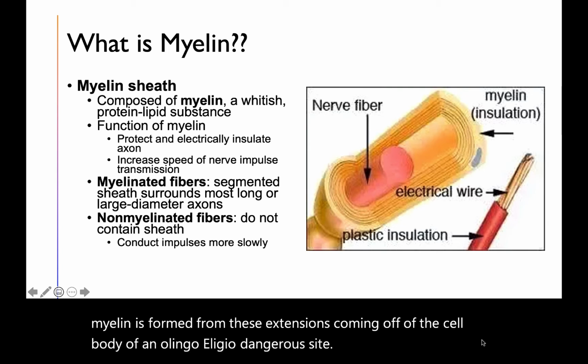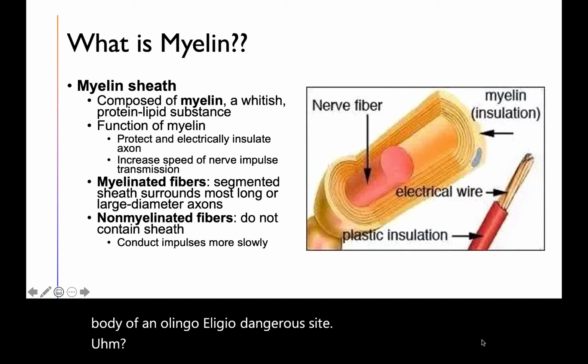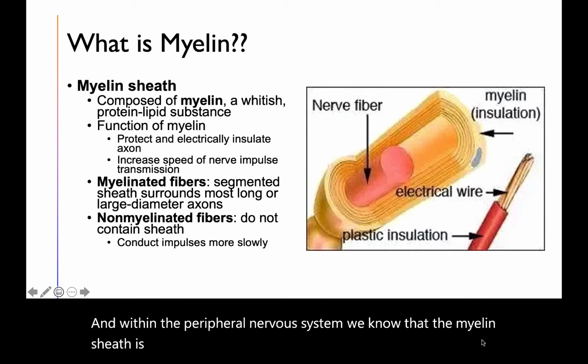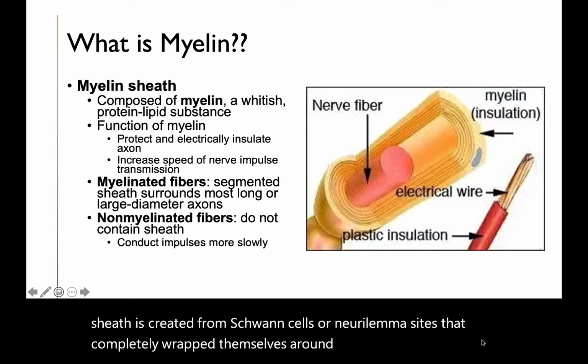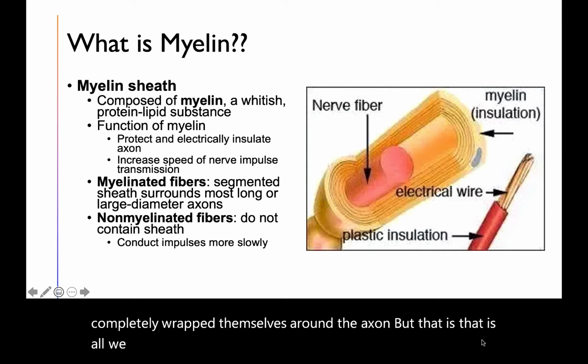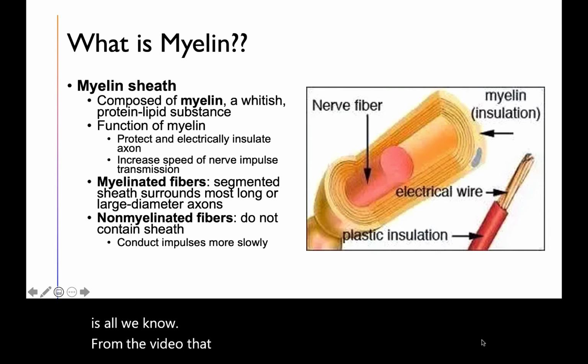And within the peripheral nervous system, we know that the myelin sheath is created from Schwann cells or neurolemmacytes that completely wrap themselves around the axon. But that is all we know from the lecture that we've had so far.